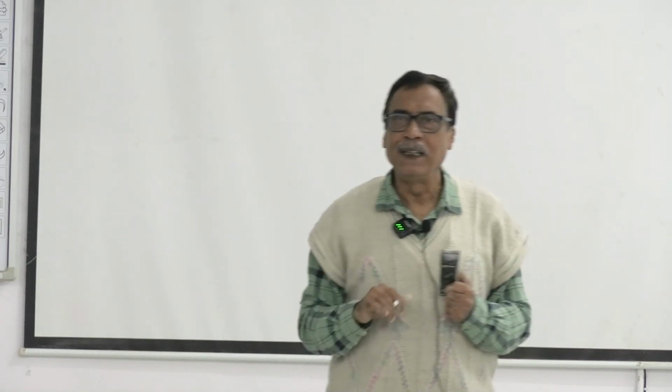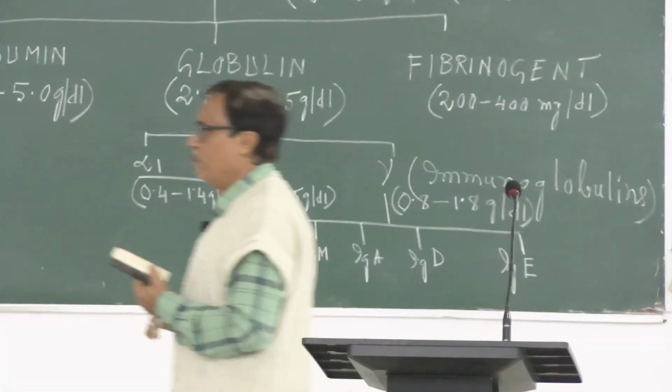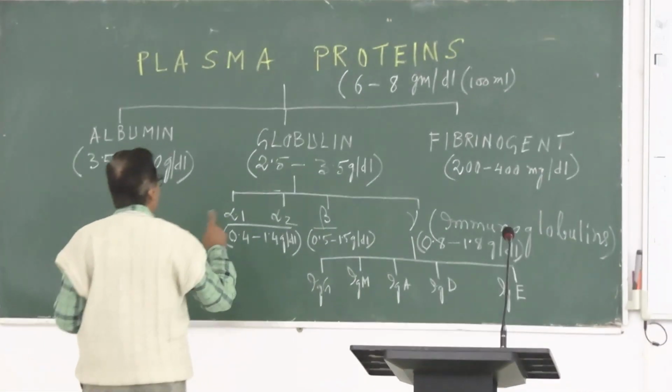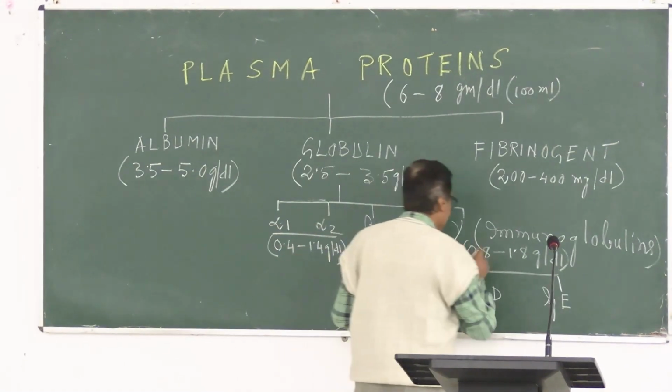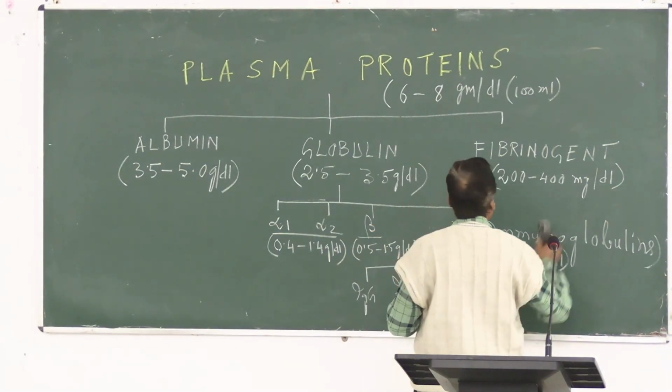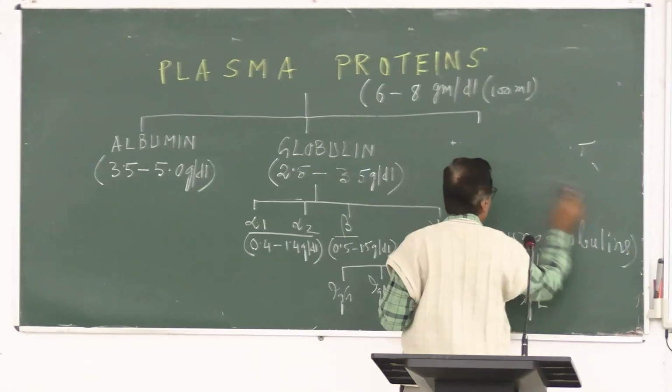All others are expressed in either milligram per dl or microgram per dl. So this is the classification of the plasma protein. Now I will give some examples of alpha and beta, and then describe albumin, the major protein.